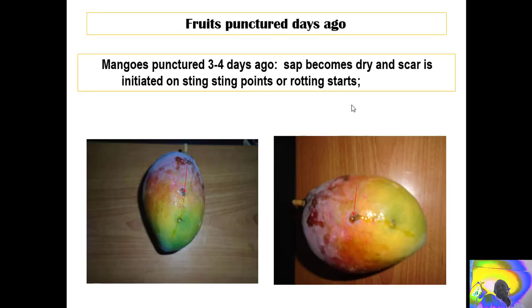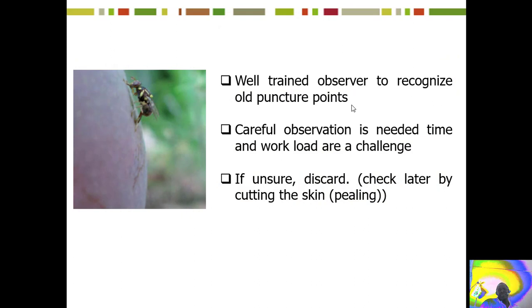When these puncture points are 3 to 4 days old, sometimes the trace of the sap is not to be seen, but if you look very carefully, you can see the puncture points where some scar could be seen, but sometimes it is also a starting point for rotting of the fruit.